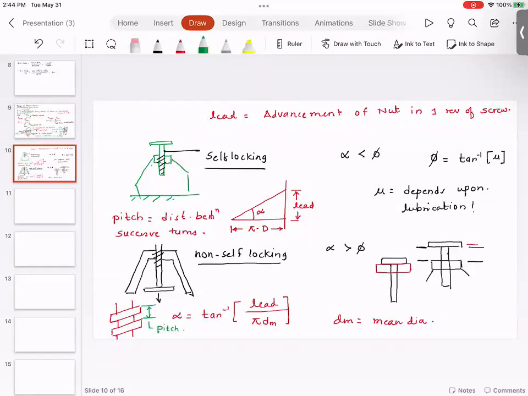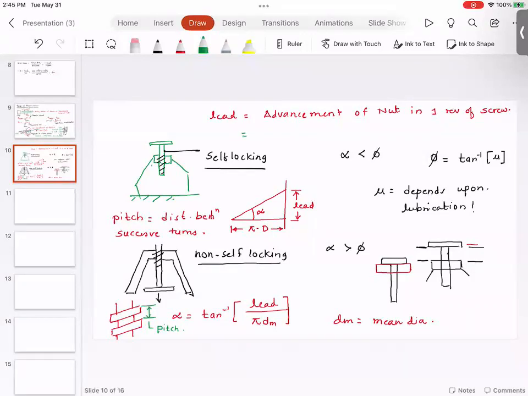Now, there could be single start screw, there could be multi-start screw. In the case of single start screw, in one revolution of screw, the nut will advance by one pitch. If it's a multi-start screw, then in one revolution of screw, the nut would advance by the number of starts.